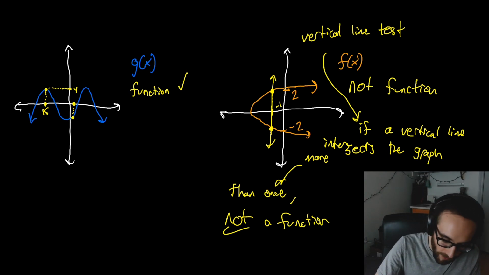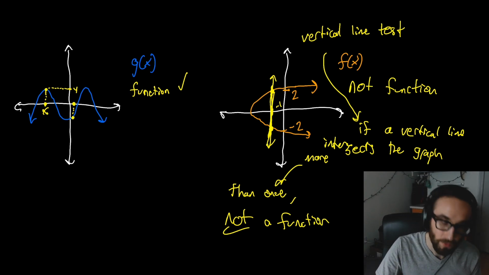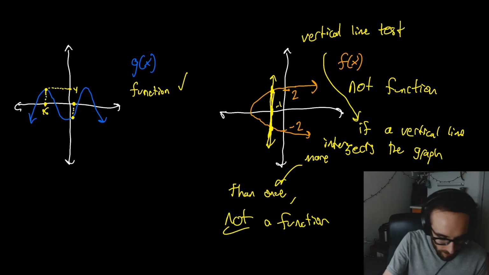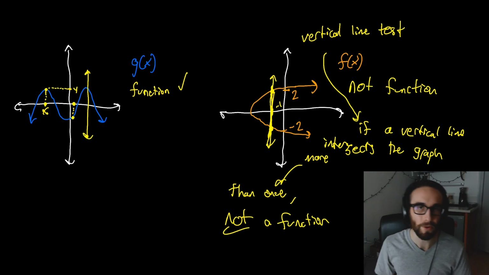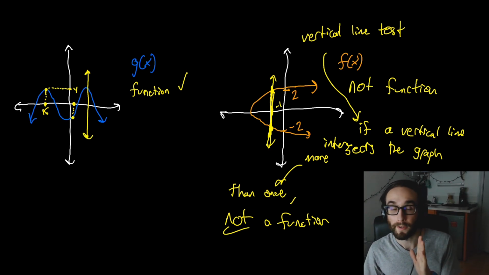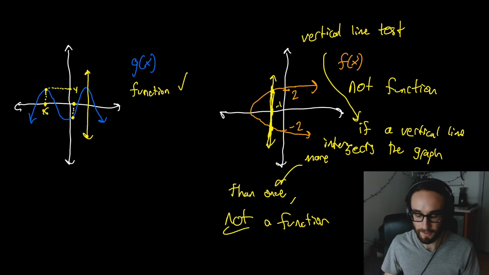So here we have a vertical line up and down, and it intersects our graph twice. So we do not have a function for f of x. For g of x, you could place a vertical line anywhere on the graph and it'll only intersect it once. So we do have a function in that case.